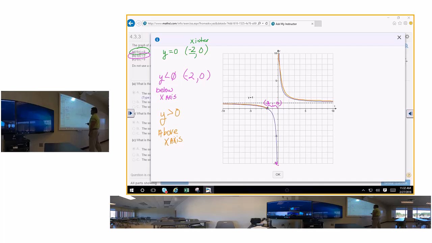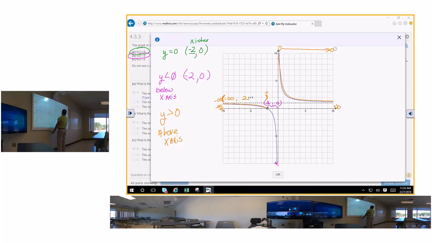Okay, so this arrowhead right here is called negative infinity. So negative infinity to what? Negative 2. But I do not touch negative 2, so that would be a parenthesis there and a parenthesis here. Then I start at 0 and I go to, this arrowhead is called positive infinity.